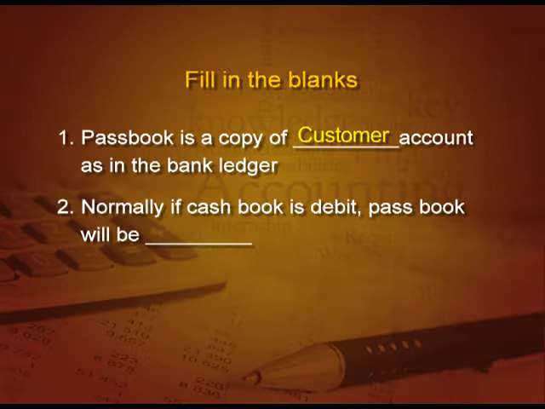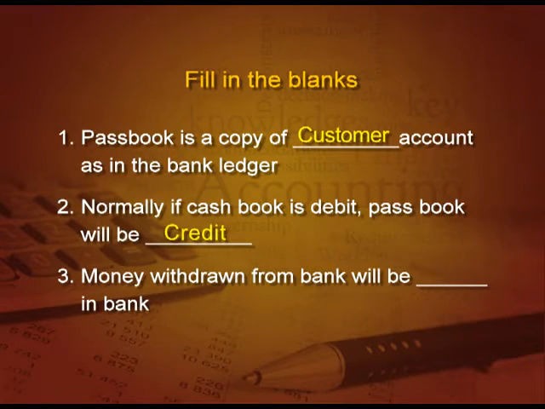Next, normally if the cash book is debit, passbook will be, oh yes, credit, because debit here, credit there. Next one, money withdrawn from bank will be dash in the bank. What will we write in the dash? When you withdraw money, passbook will be debited.